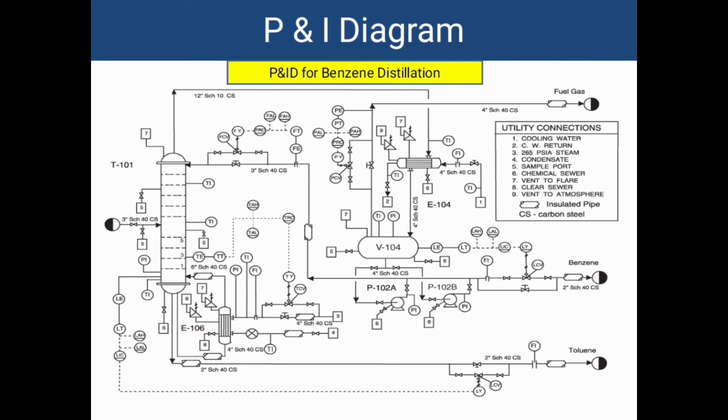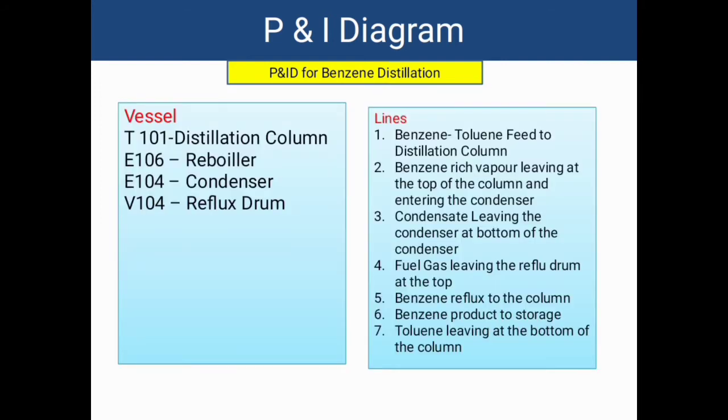Now this P&I diagram consists of several pipelines, vessels and loops. Now we can see how many pipelines and vessels are provided.